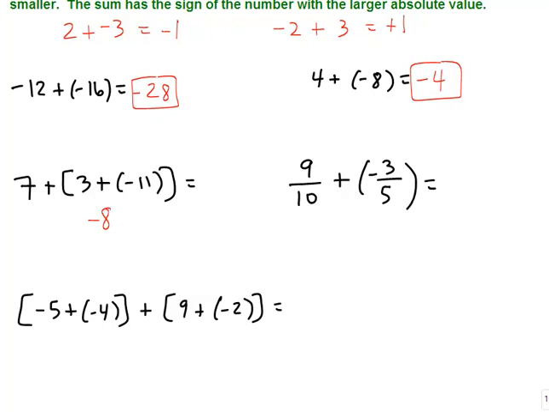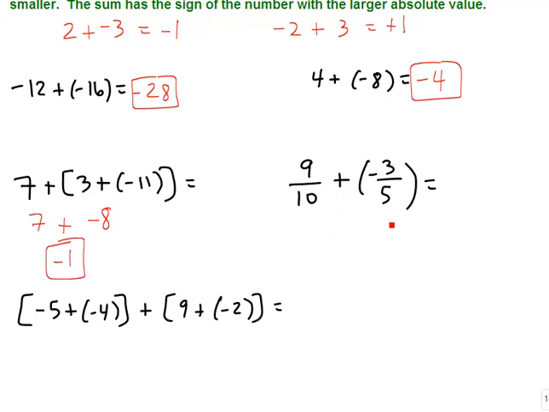Once we get that negative 8, we want to add to it the 7 that was on the outside. So now we have a positive 7 and a negative 8, different signs, so we subtract. 8 take away 7 is 1, and since 8 is larger and it was negative, our answer is going to stay negative. So our answer is negative 1.